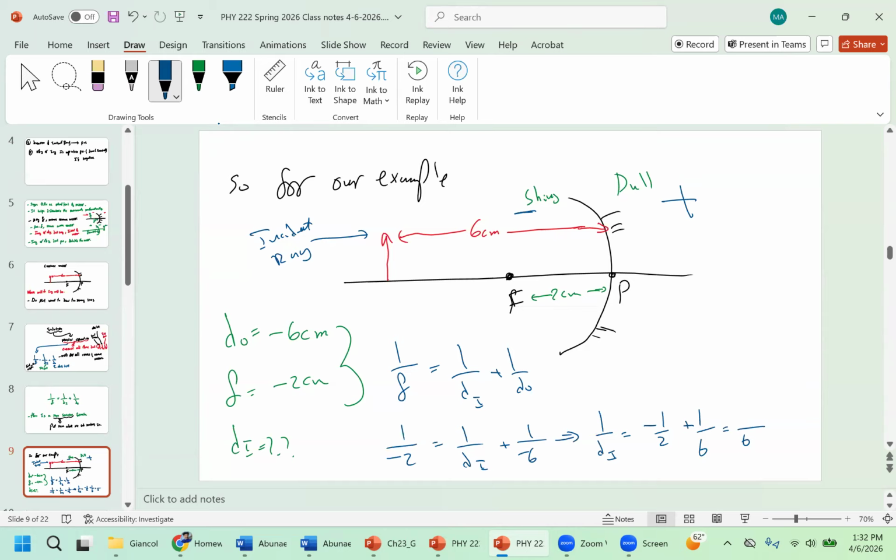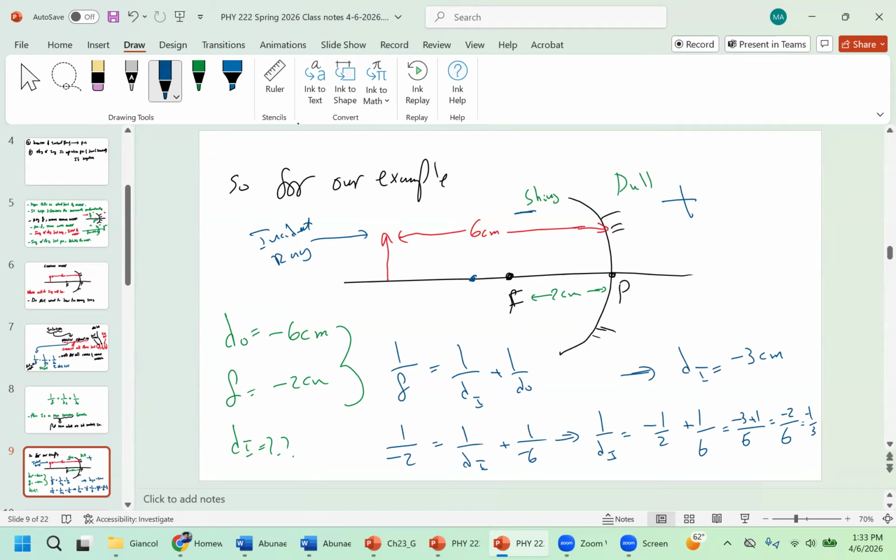You're going to have plus 3. So not plus 3, minus 3. Is my math correct, guys? Are y'all with me? Yes, I got it. It's minus 1/3, right? That means my distance of the image equals minus 3 centimeters.